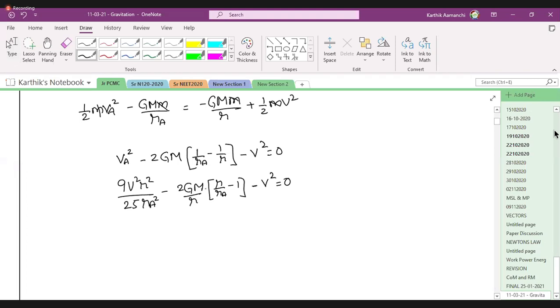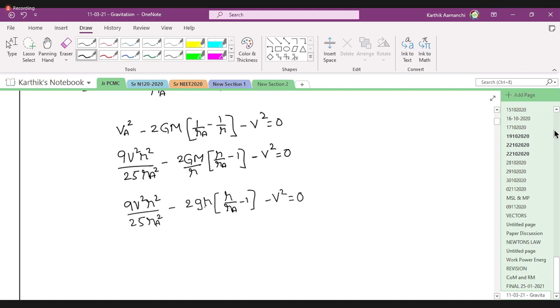So into R and by R it will be. See, this I will write as 9V square R square divided by 25 RA square minus 2GR into R by RA minus 1 minus V square is equal to 0.